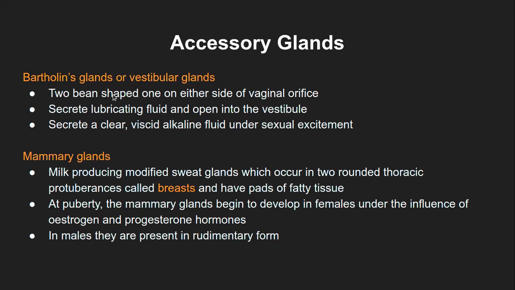Now these are two bean shaped glands, one on either side of the vaginal orifice, not on the outer side, but rather inner, though not literally too much inside. It is just at the edge of the vaginal structure. That's what Bartholin glands are in terms of location.